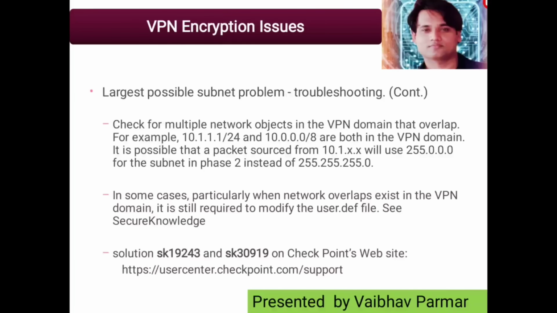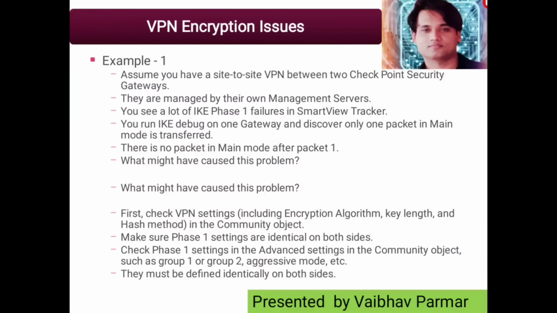Assume you have a site-to-site VPN between two Check Point security gateways, managed by their own management servers. You see a lot of IKE phase 1 failures in SmartView Tracker or SmartLog, and due to that you run IKE debug on a gateway and discover only one packet in main mode is transferred. There is no packet in main mode after packet 1, and you are thinking what might be the cause.